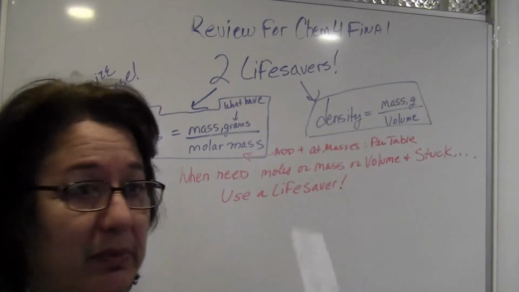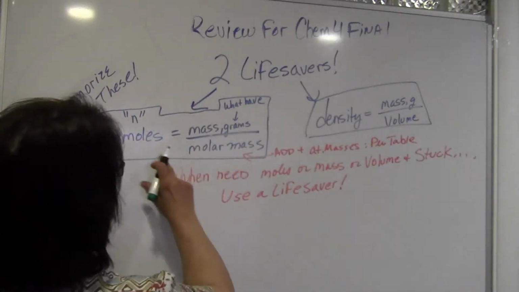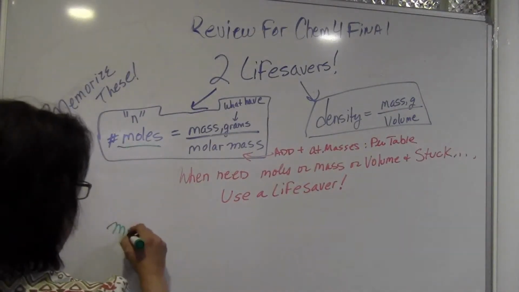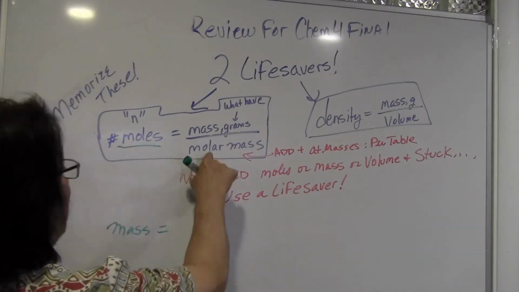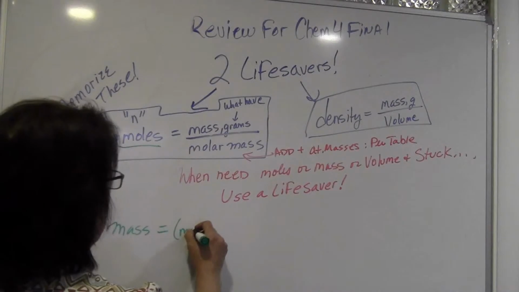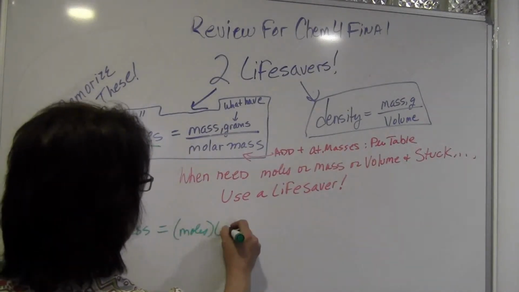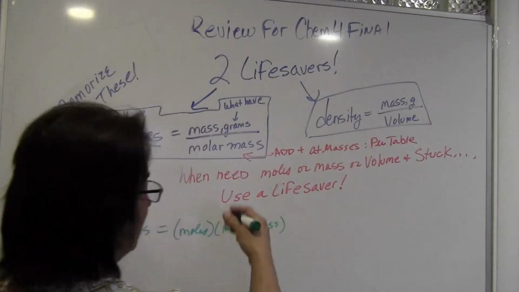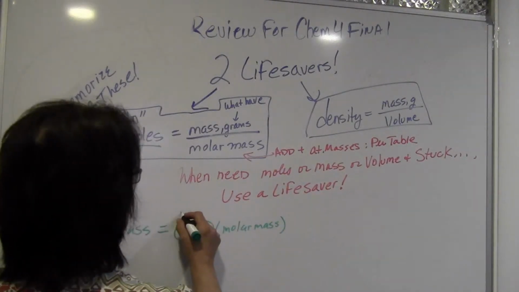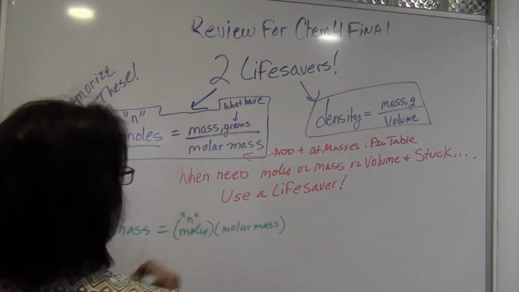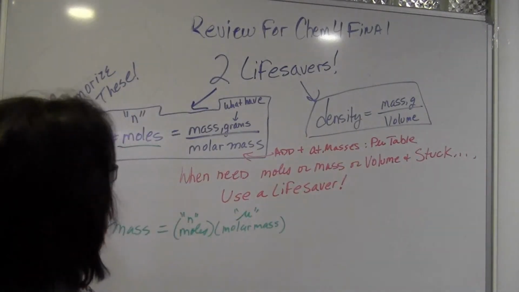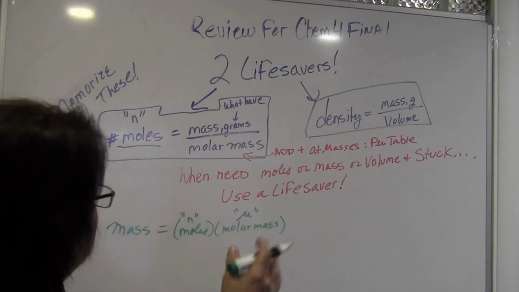Both of these formulas can be rearranged countless ways. So for moles, it's moles equals mass over molar mass. Well, what if we need mass? We could say mass equals moles times molar mass. Depending on your teacher, they'll use different symbols, but generally for moles, it's a small n, and for molar mass, it's that strange-looking U, and mass varies.